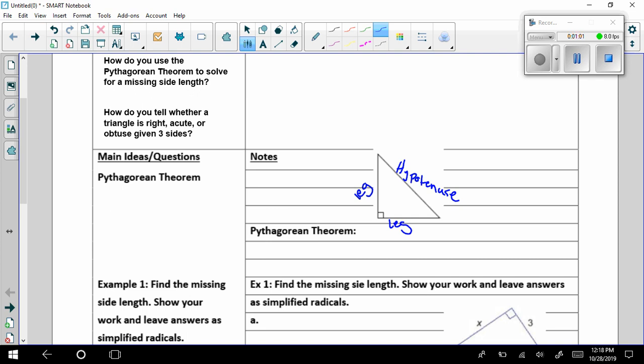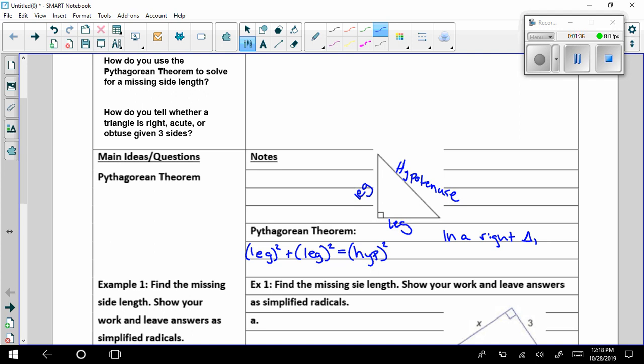So the biggest theorem that we'll use starting out is the Pythagorean theorem, which states that in a right triangle, if you square the length of a leg and you add that to the square of the other leg, then you get the square of the hypotenuse.